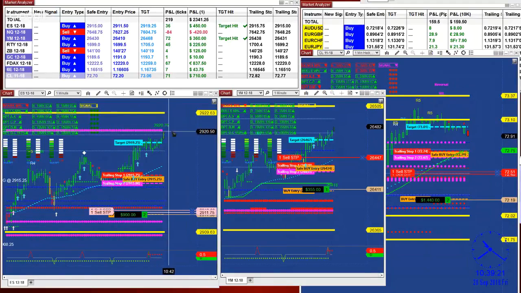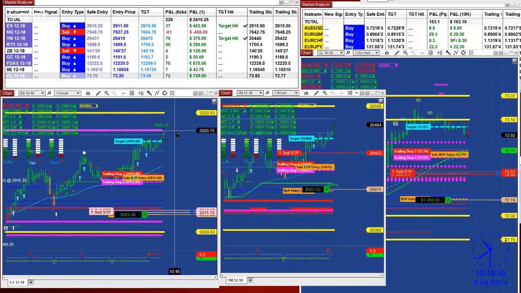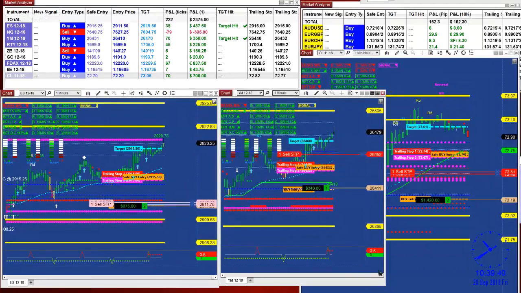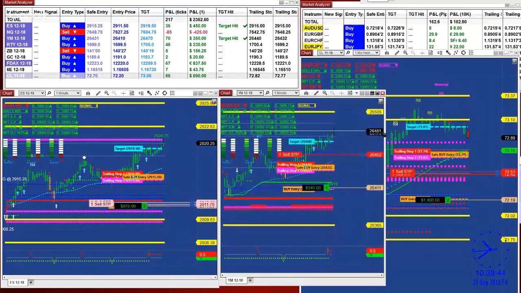We said be careful on the 29, 20, 75. Okay, this is nothing but bubbles. Be careful, guys. Be careful with the 29, 20, 75 on the ES. The YM, the target, we already crossed the target on the YM a long time ago.